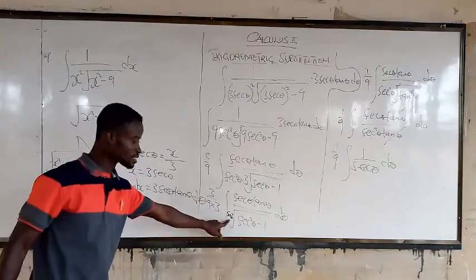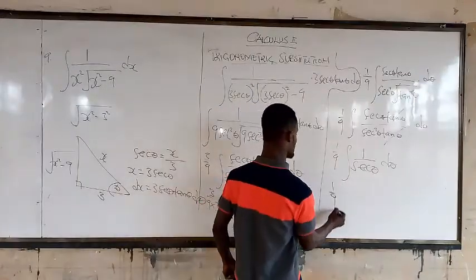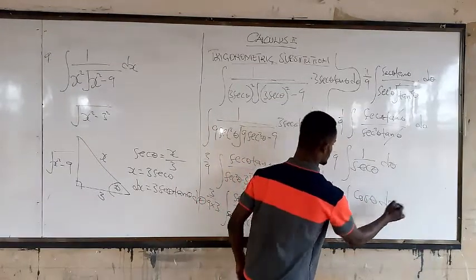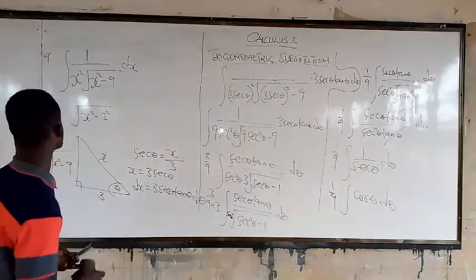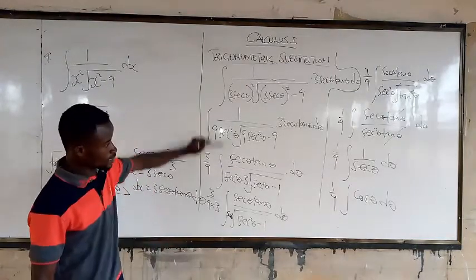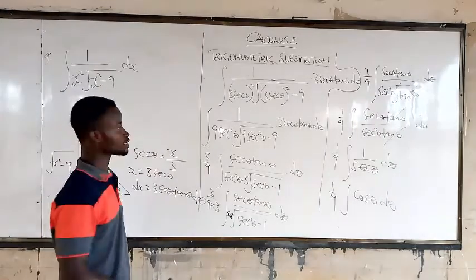From here, don't forget this s squared is there, right? So from here we know that 1 over 9 integral of this is what? Cos theta d theta. And we can now integrate cos theta. So when you integrate cos theta, I'm going to bring this side.